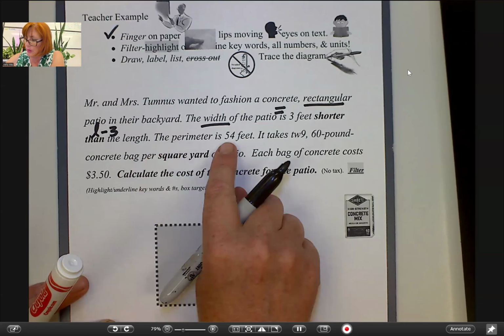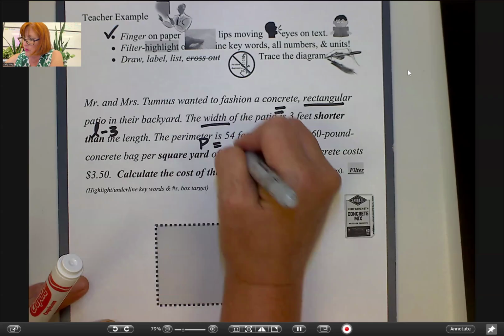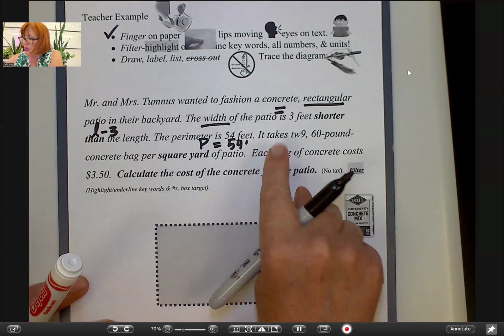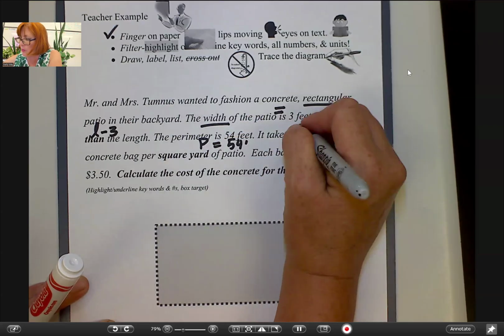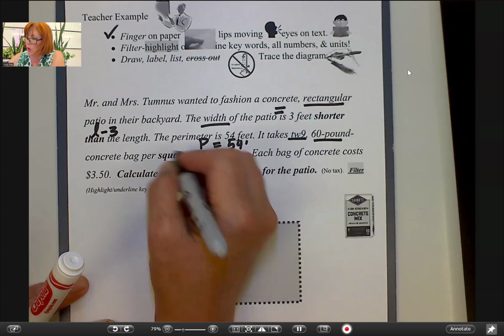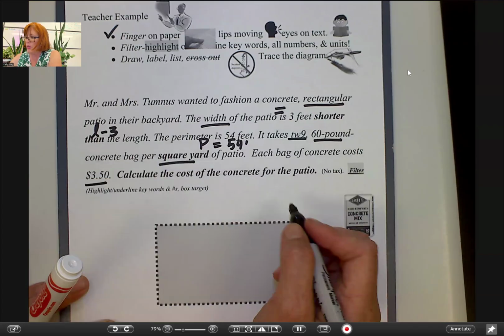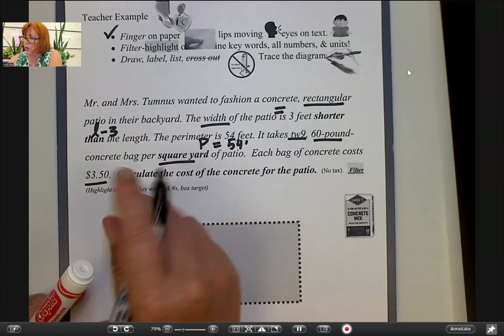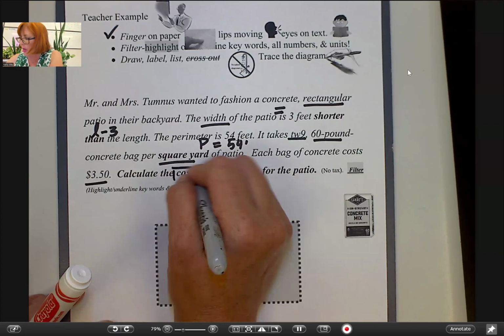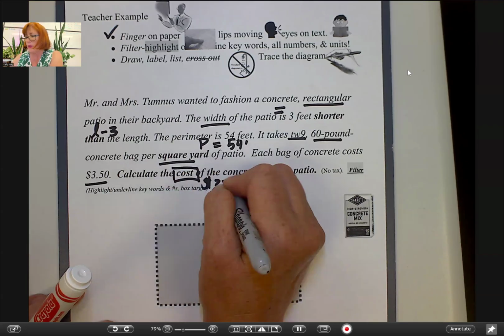Perimeter is 54 feet. It takes 2 60-pound bags per square yard of patio. Each bag costs $3.50. The ultimate goal is cost. It's all about the money.